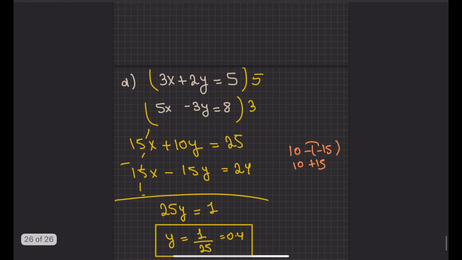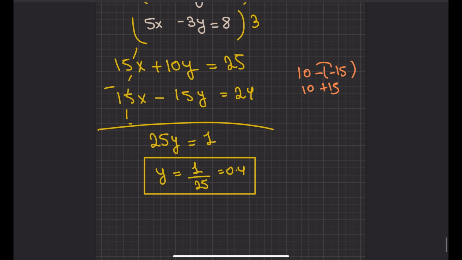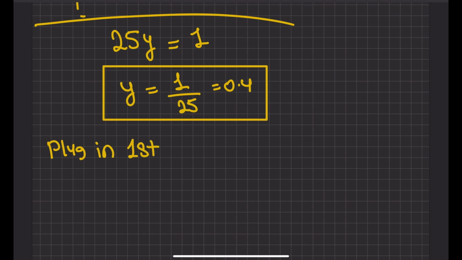So I'm going to use one of the original equations. It could be either the first one or the second one. I'm going to use the first one. I'm going to say plug in first equation.